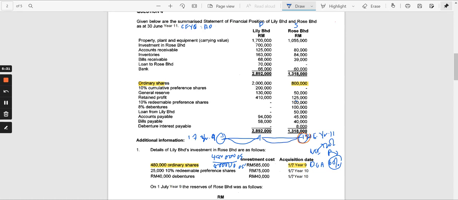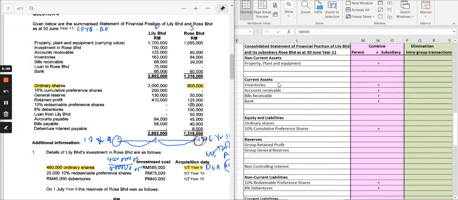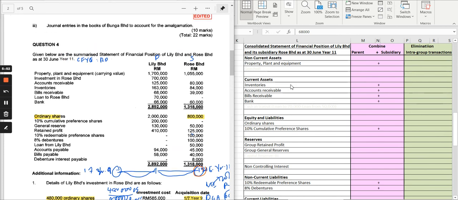Before we proceed further, let us prepare the template to do the combination of assets and liabilities of the subsidiary. What I have prepared next to this question is the blank format for the consolidated statement of financial position of Lily and its subsidiary.